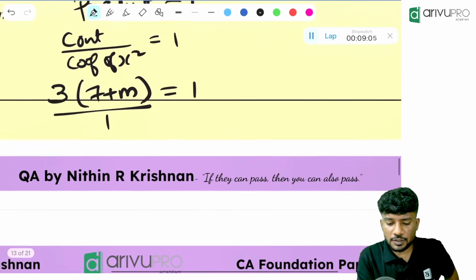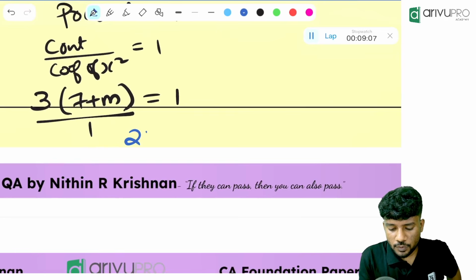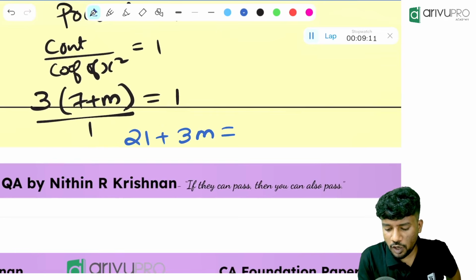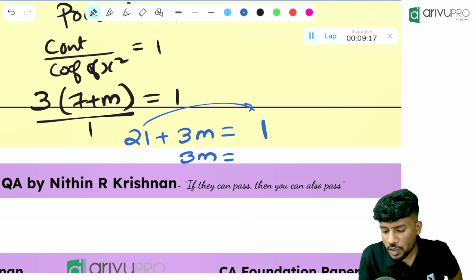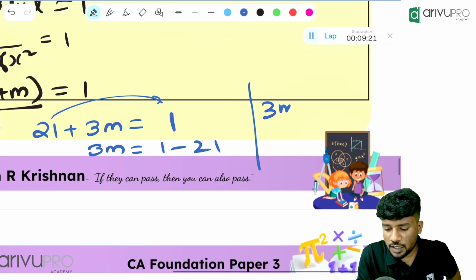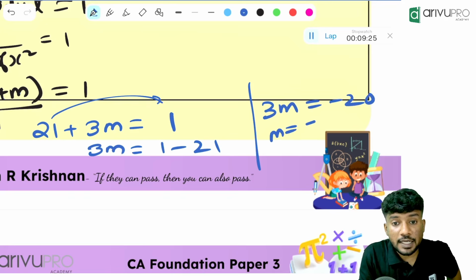Open the bracket, people. 3 into 7 is how much? 21 plus 3 into m is how much? 3m, which is equal to how much? 1. From this, can I write 21 goes to the other side? It will become 3m is equal to 1 minus 21. That means 3m is equal to how much? Minus 20. m is equal to how much? Minus 20 divided by 3 is how much?